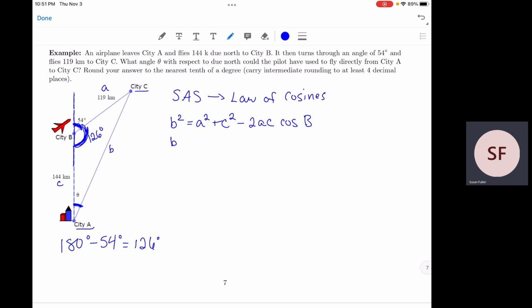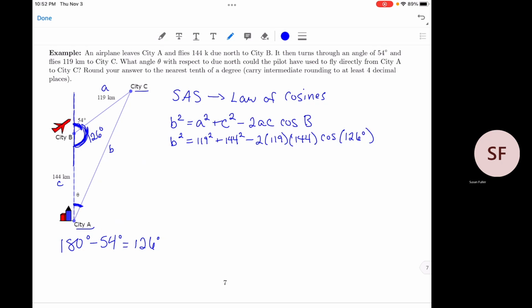That means this side B over here, B squared is going to be equal to A, which is 119 squared, plus C, which is 144 squared, minus 2 times A, which is 119, times C, which is 144, times the cosine of angle B, which we just calculated was 126 degrees. You're just going to plug all of that into a calculator.